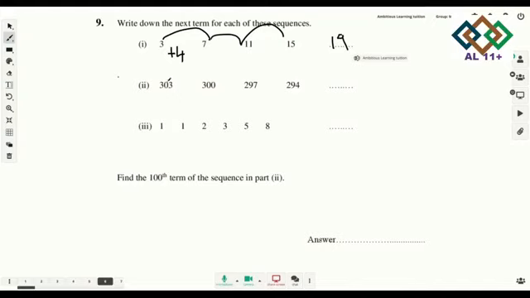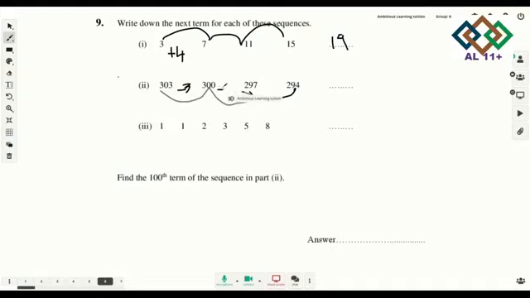So what's happening in this one now? 303, 300. Obviously, they are minusing it. And then again, they are minusing it. And again, they are minusing it. 303 minus 300 minus 297, 297, sorry. You're minusing 3 in all of them.